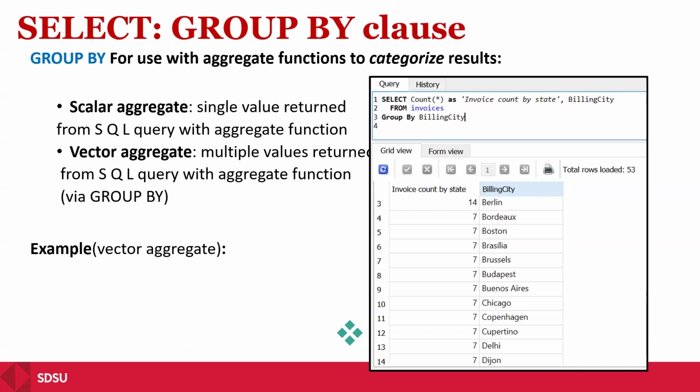When we talk about vector aggregate, we can return multiple values from a SQL query, and in the case of vector aggregate, we need to use group by expressions. So again, every time we need to add more categories to the result set, in addition to an aggregate function, we need to use a group by expression.